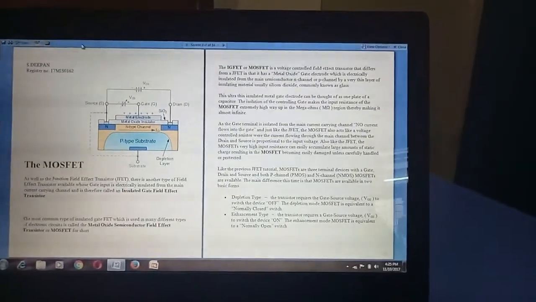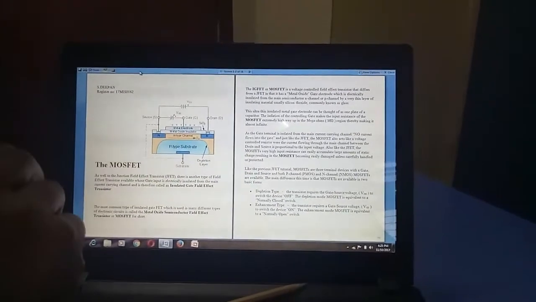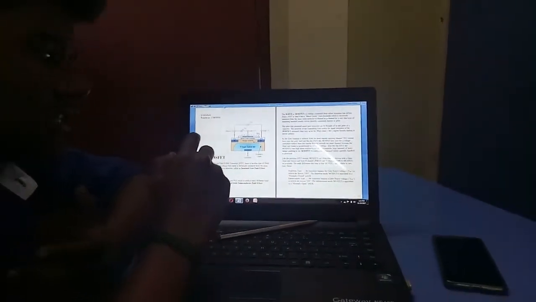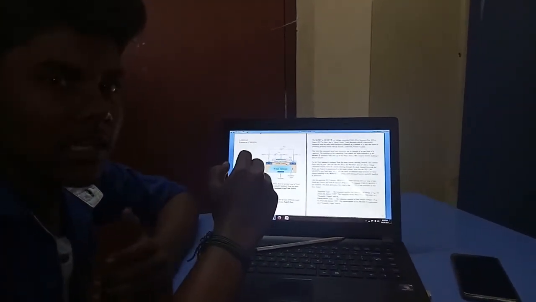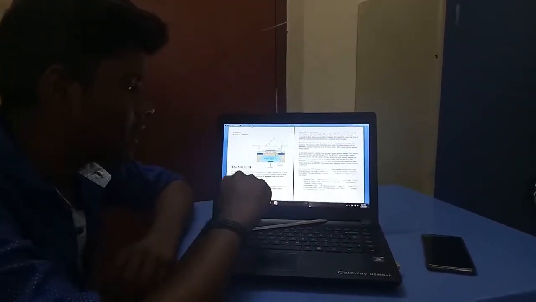Also like a JFET, the MOSFET has very high input resistance and can easily accumulate large amounts of static charge, resulting in the MOSFET becoming easily damaged unless carefully handled or protected.